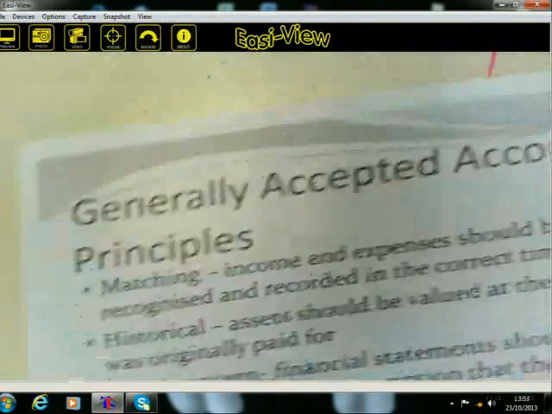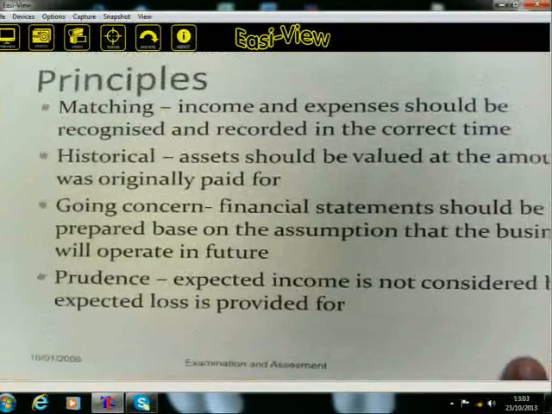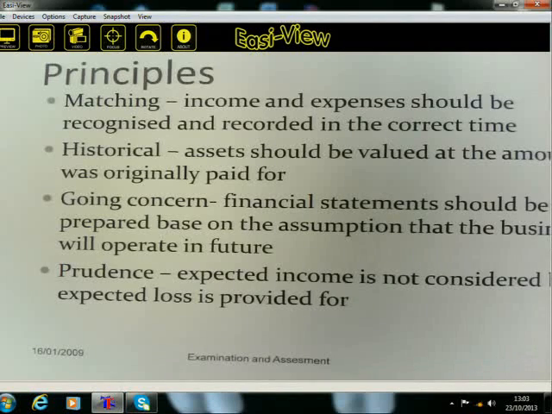Then, with the GAAP concepts that we are talking about, we have the matching principle, which says the income and expenses should be recognized and recorded in the correct time. If we have the income during this financial period, this 12 months, it must be recorded and recognized at this right time.